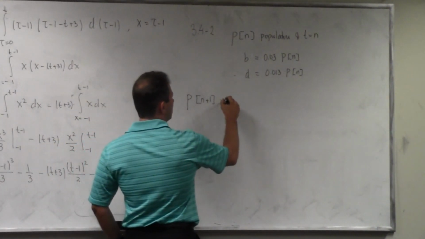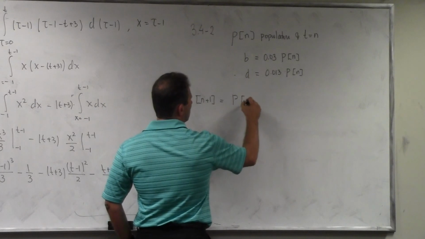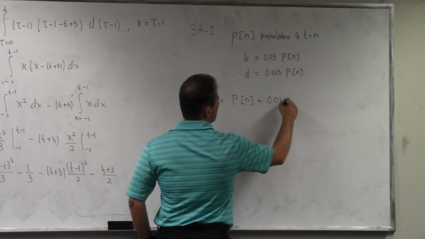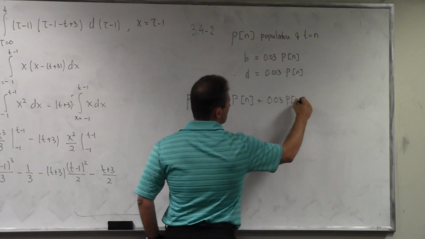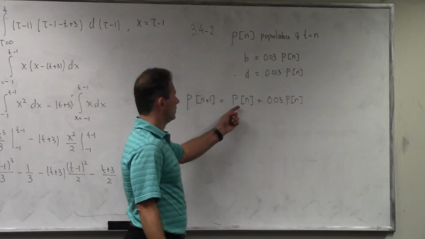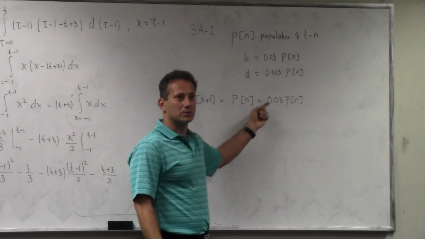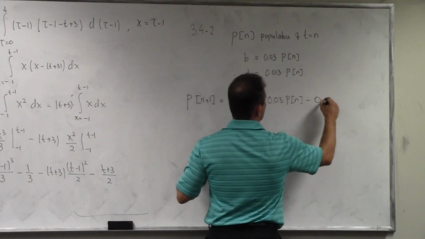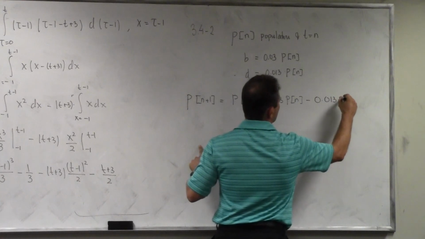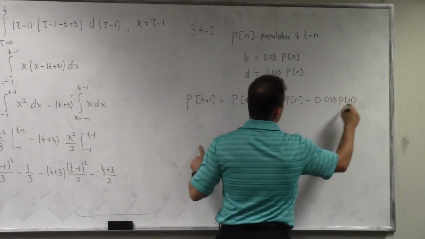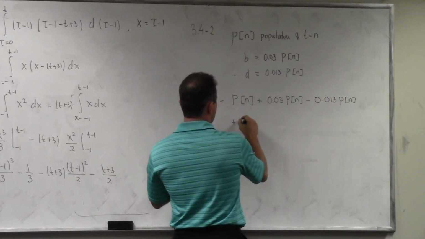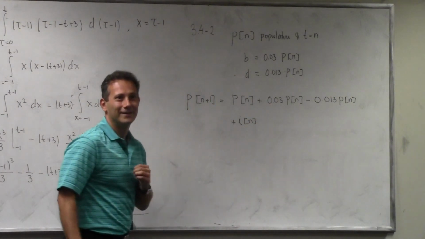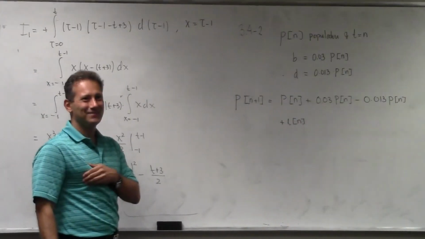It's gonna be whatever it was at the nth period plus 0.033 P of n. So whoever was there before, plus whoever was born, minus whoever passed away, and then plus whoever immigrated into the country. It's just as simple as that.